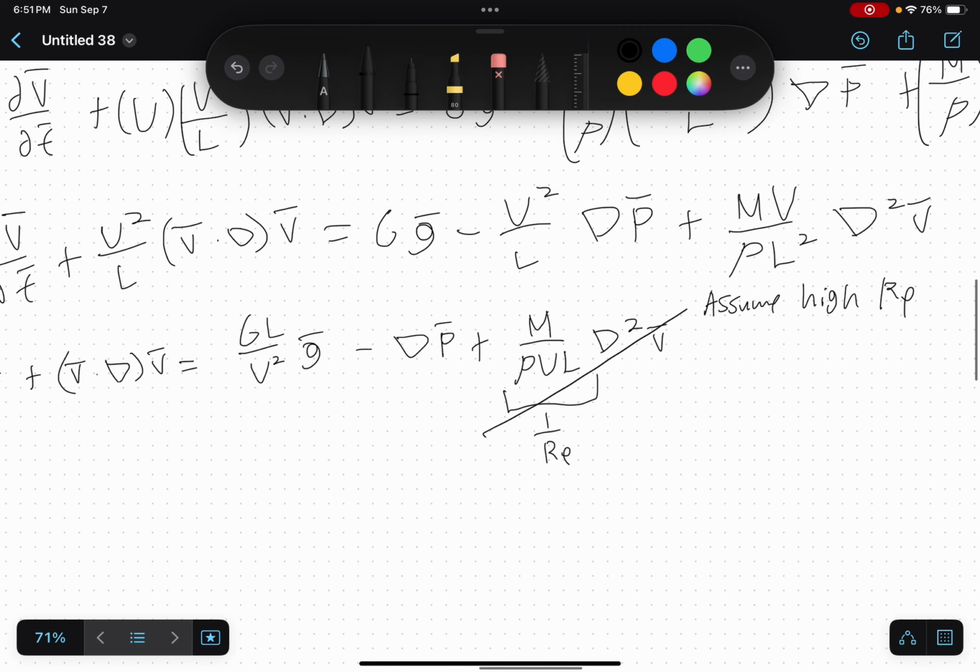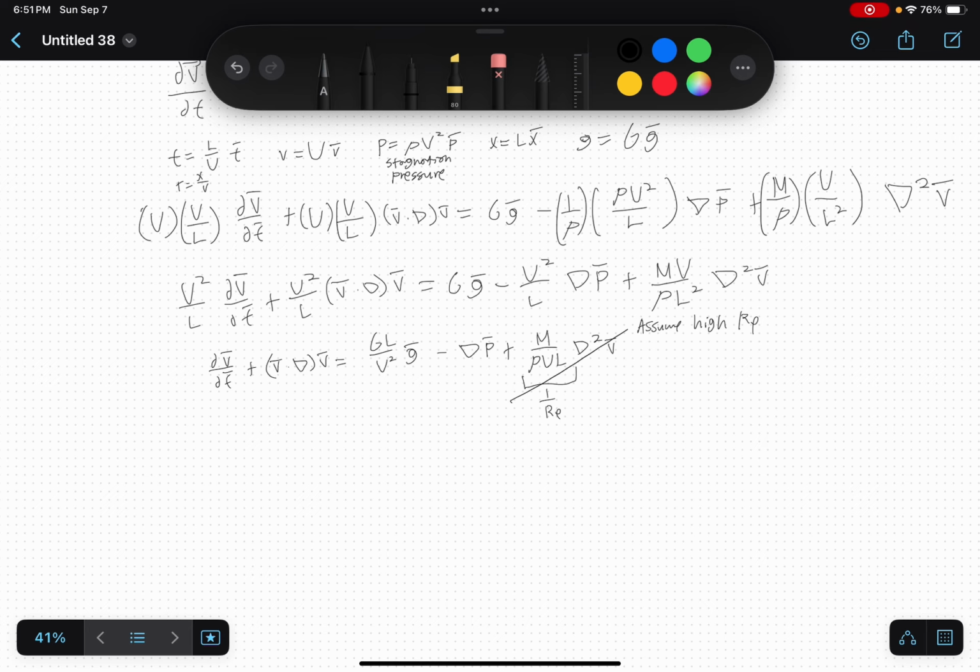So the idea is if you have low Reynolds number, that means your velocity has very low energy. And that means viscous forces are significant. The viscous forces could be enough to completely stop the motion of the fluid. And if that's the case, Bernoulli equation will not work.